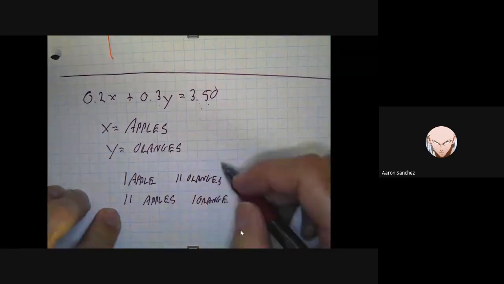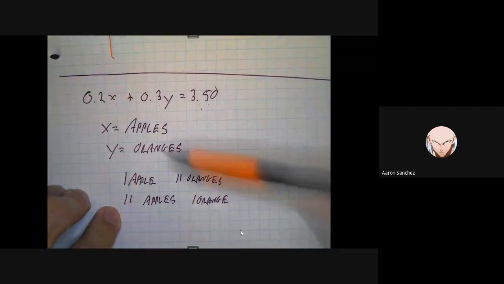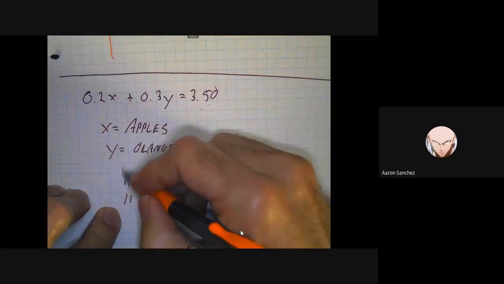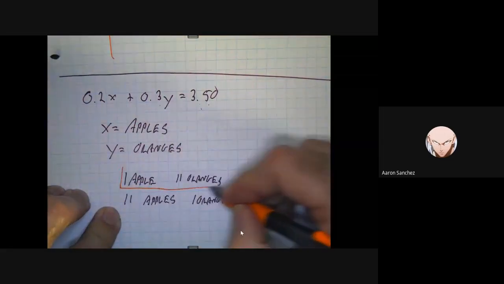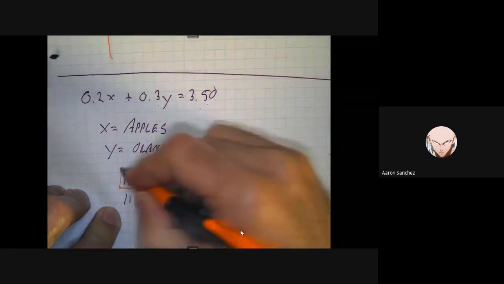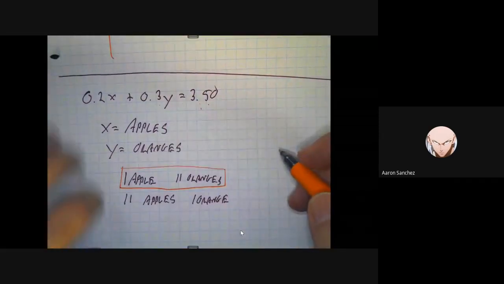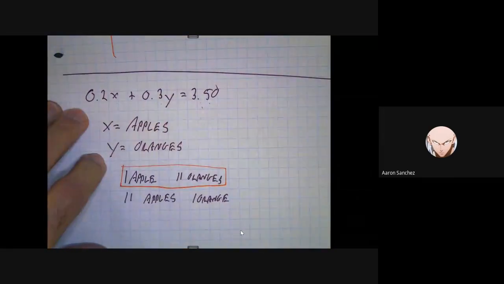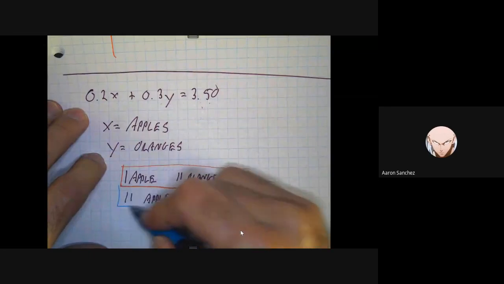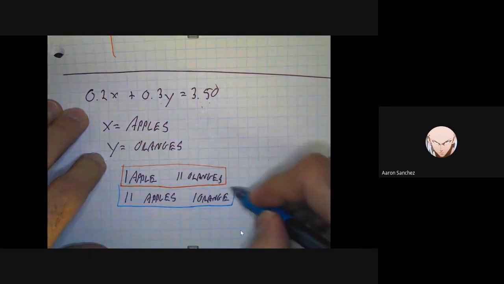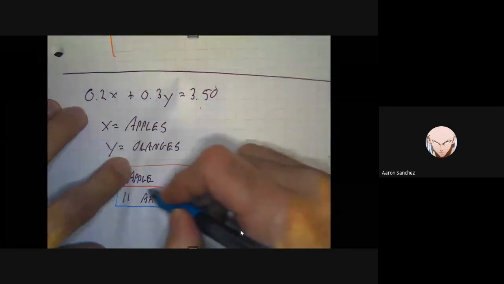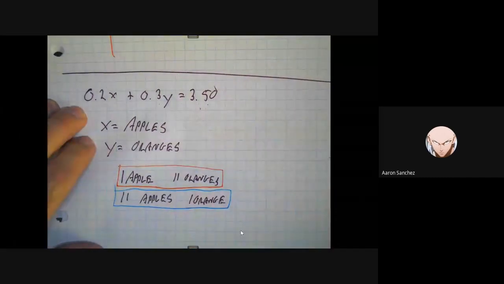Now, which situation works? We have two situations here. If I buy 1 apple and 11 oranges, will that equal $3.50? Or if I buy 11 apples and 1 orange, will that equal $3.50, right? Which one will work?